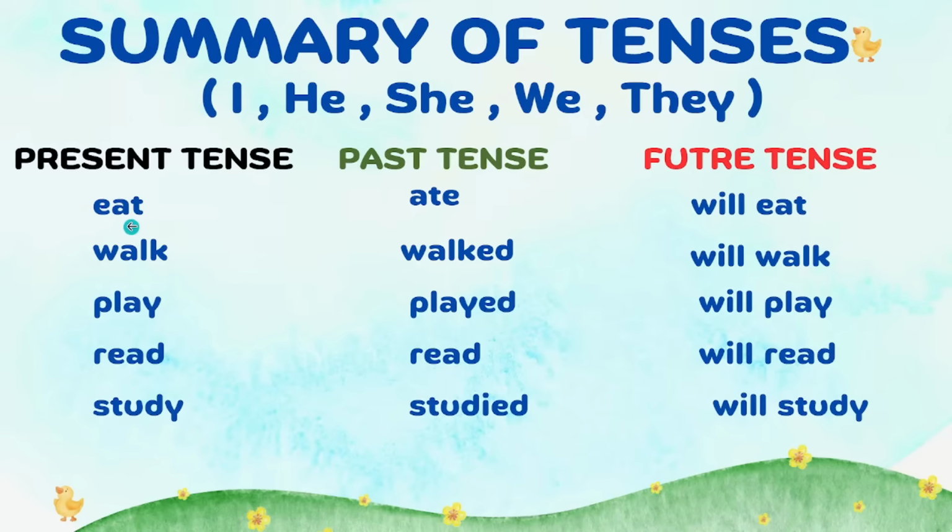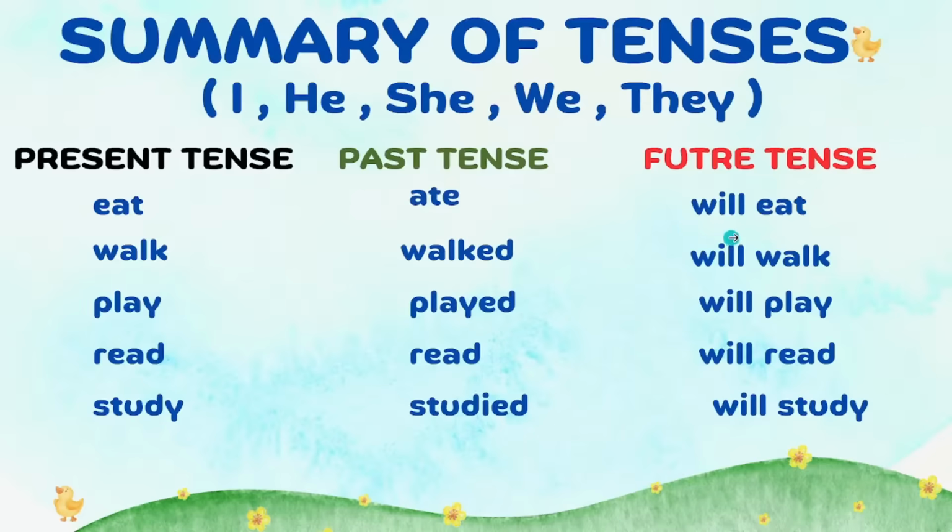These are just examples, and there are a lot of verbs. All you have to do is explore. These are just five examples. For the word "eat" in the present, the past tense is "ate," and the future tense is "will eat."